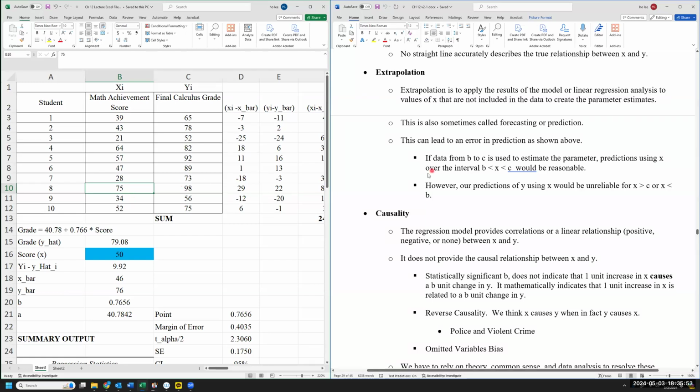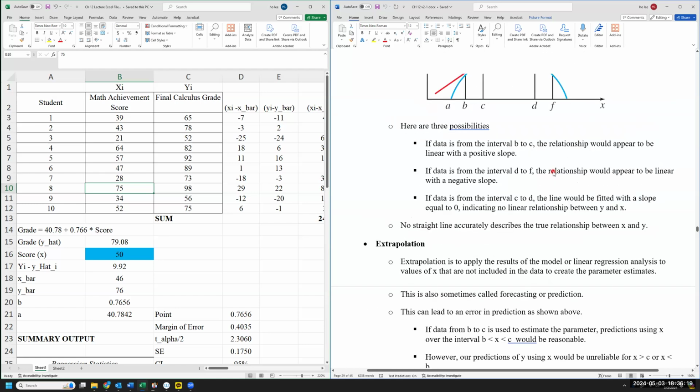What would my Y be? This is sometimes called forecasting or prediction. I think most of us would probably call this forecasting or prediction. Basically, you're using out of sample information to do some analysis. Well, this can lead to prediction errors.